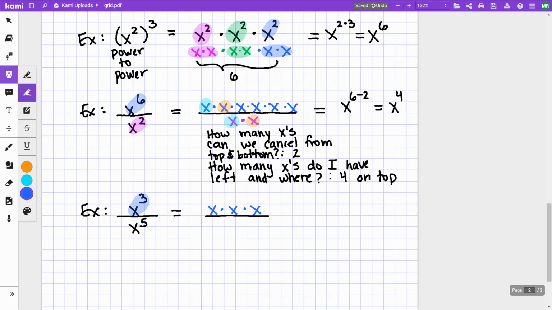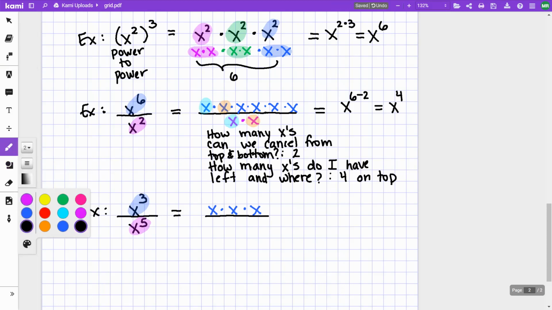And then if I was doing the bottom, I am going to have 1, 2, 3, 4, 5 on bottom. And again, I'm going to cancel what I can from top and bottom.